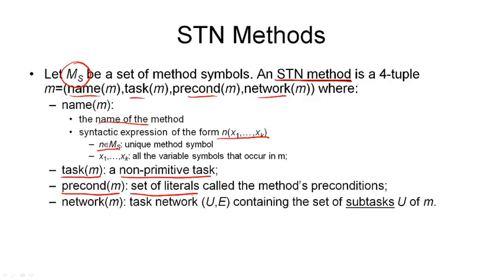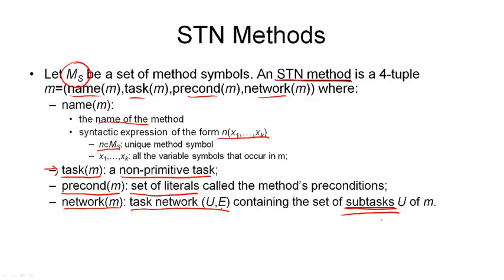The fourth and final component associated with the method is the network of the method. This is simply a task network consisting of tasks and edges, which are ordering constraints. And the tasks in the set U are called the subtasks of this method, and you can think of this method as breaking down the task, the second component of the method, into the subtasks that make up the network of the method.